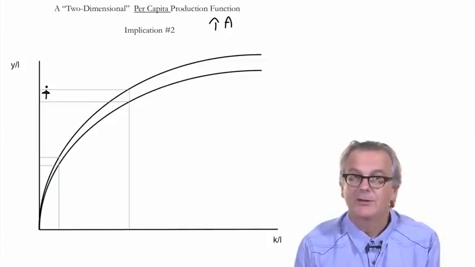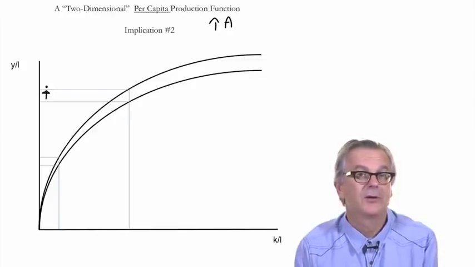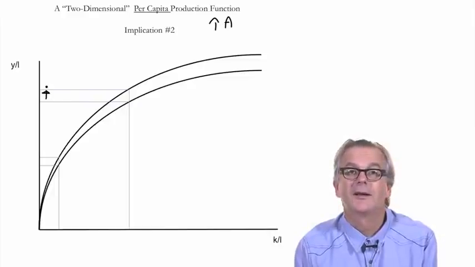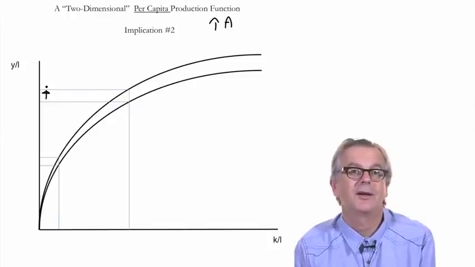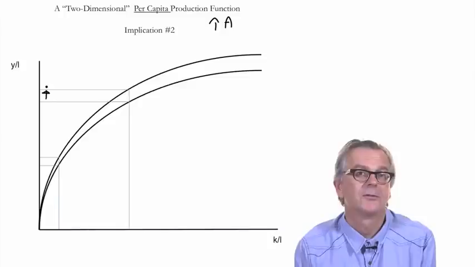And these two implications are a very important lesson about the process of economic growth, namely that the road to economic growth, the path to economic growth, if you like, can be very different for economies at different stages of their development. An economy that is beginning economic growth, that is starting with a low amount of capital per person, then the most effective way of boosting per capita incomes is not through total factor productivity improvements, though that will help, it's through growing the capital stock.